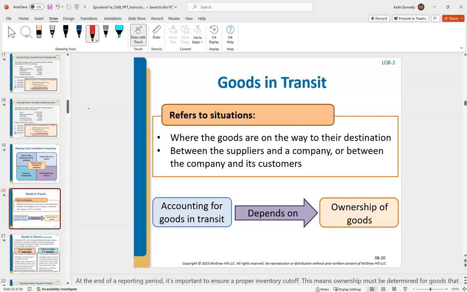So say you have Walmart, and they buy the t-shirt from the t-shirt company, and the t-shirt is in the mail right now, halfway between them. The question becomes, is that Walmart's inventory or is that the t-shirt company's inventory?